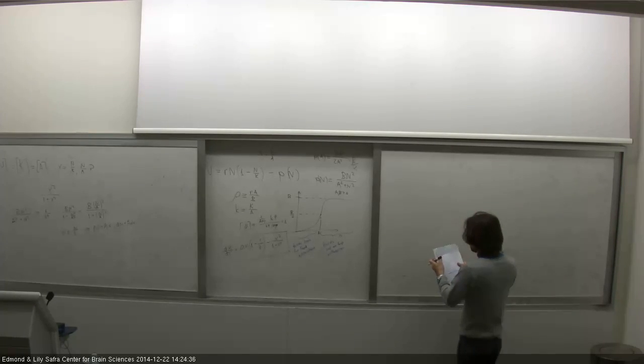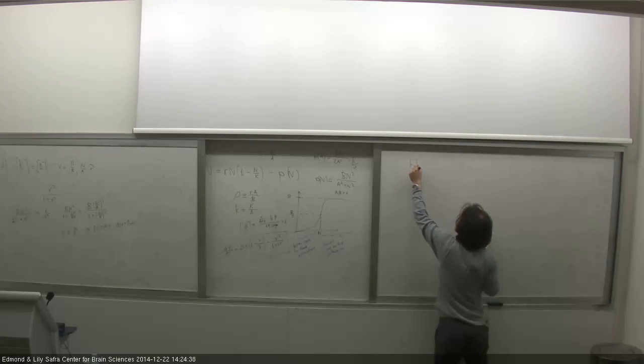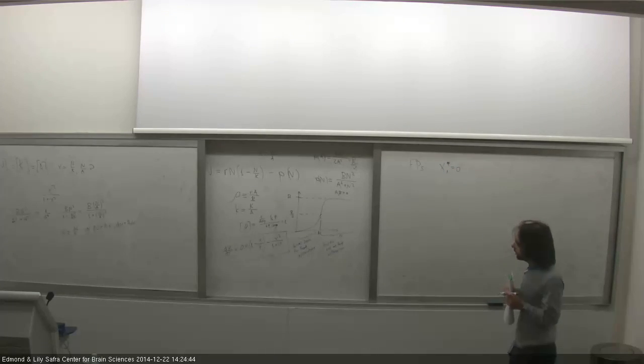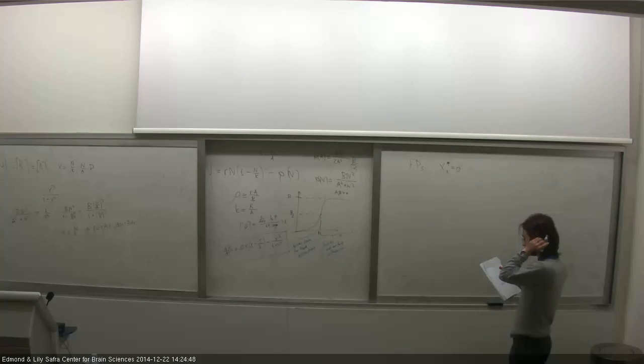So we try to analyze it. First of all, we look for fixed points. There is a trivial one at x equals 0. We always have it.